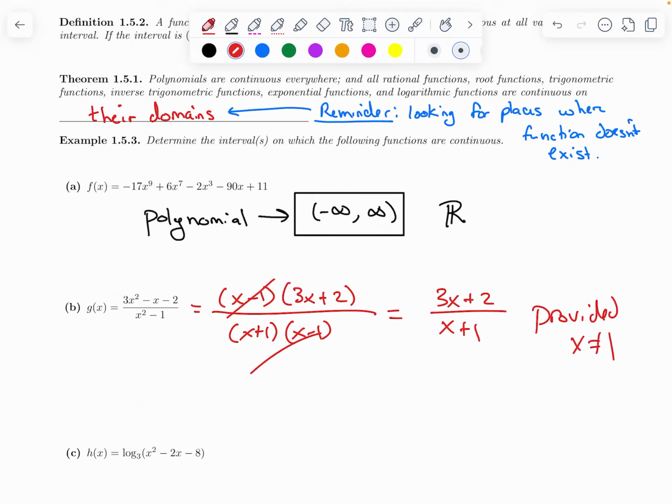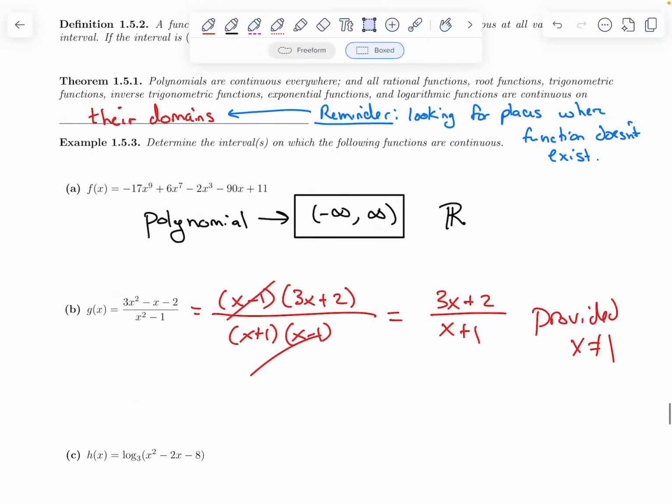There's that added caveat. When we cancel out a factor, we're claiming that these two things are equal, but we need to make sure we mention the caveat or keep it in our minds, because the original does not exist at 1. This becomes 0 over 0, and 0 over 0 is indeterminate. It doesn't exist until we know more, and even then it doesn't really exist as a finite value. It's more of a limiting process.